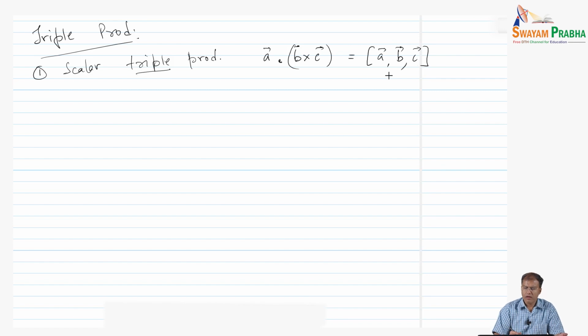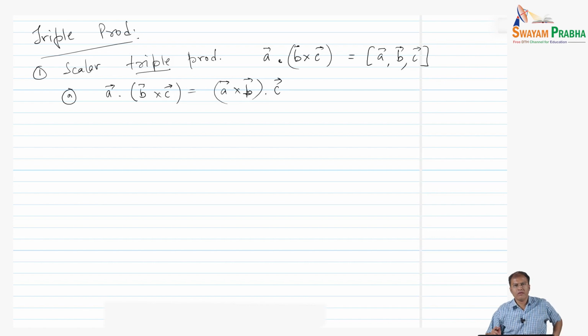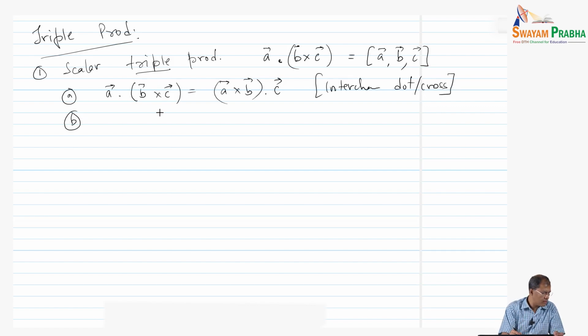And then we see that A dot B cross C is given by A cross B dot C. So here is the first result: the cross and the dot can be interchanged.